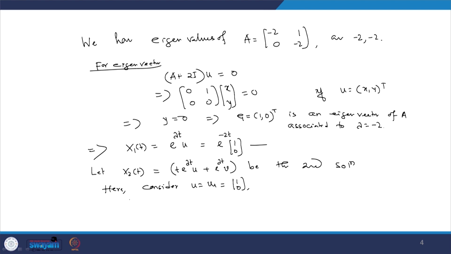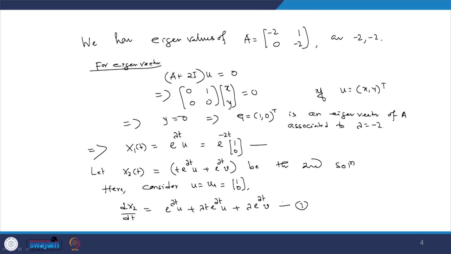Now again, if this is the solution of this differential equation x dash is equal to A x, it must satisfy the equation. So dx2 by dt equal to how much? This is equal to e to the power lambda t into u plus lambda times t e to the power lambda t into u plus lambda times e to the power lambda t into v.